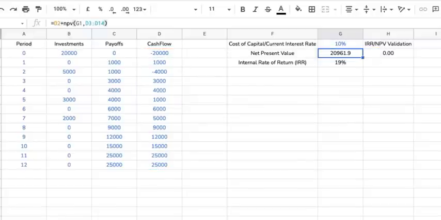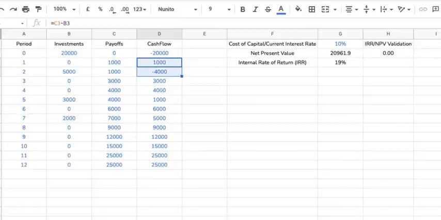And the next thing which this NPV formula will take is the stream of cash flows, which is from D3 onwards till D14. So this will give you this as a net present value.